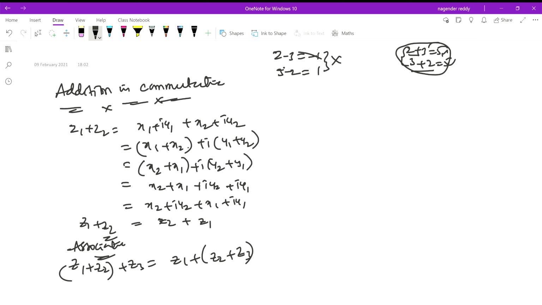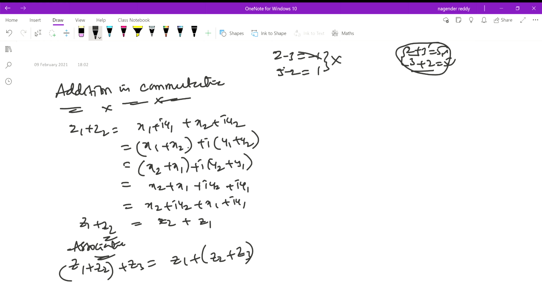What is its intention? If you add these two and then add z3 to the resulting number, we will get one answer. That is equal to z2 plus z3 first. After doing this, we get a resultant complex number, and adding z1 to it, again we get the same answer. So that is its intention.